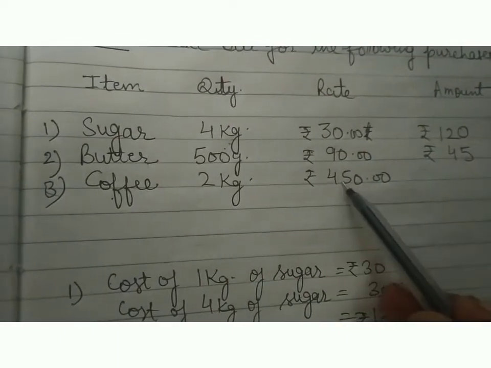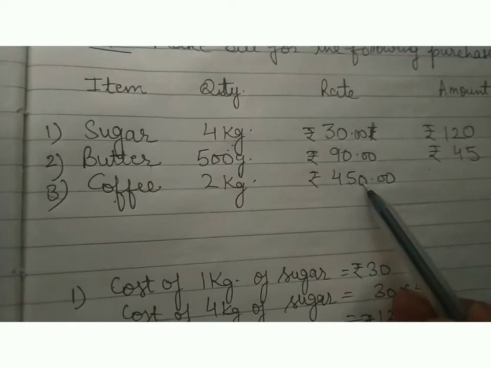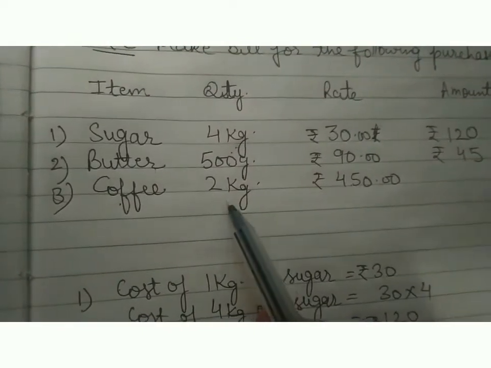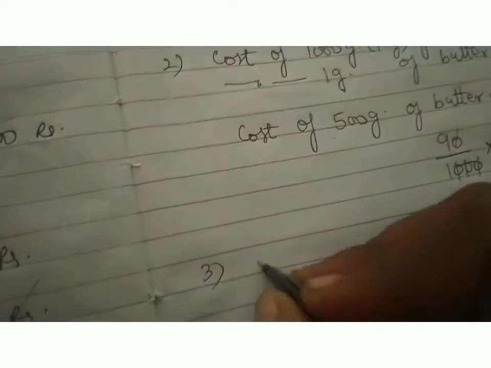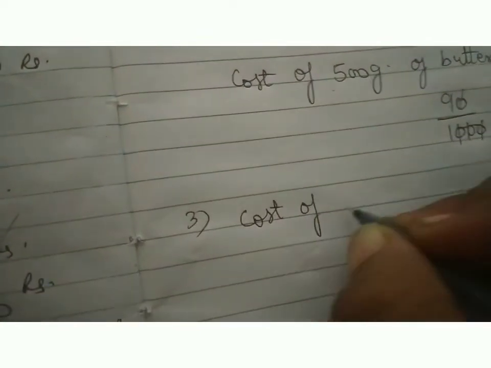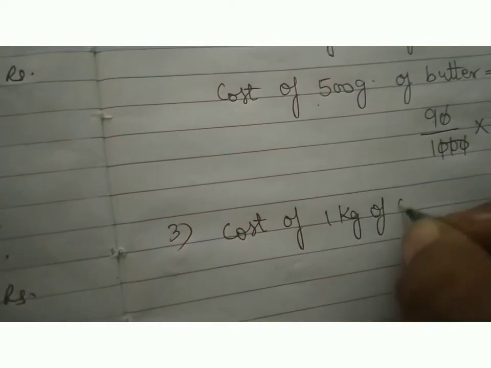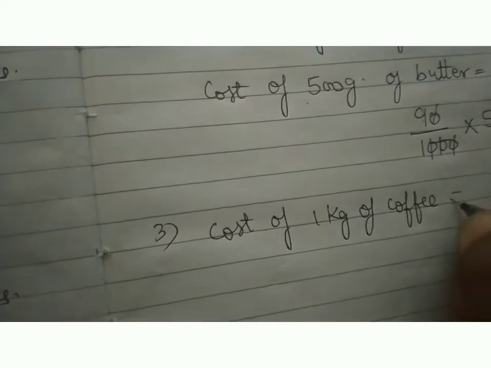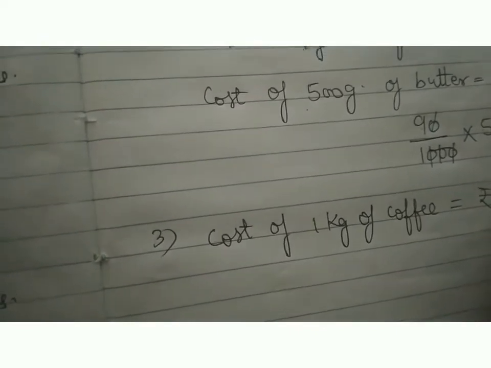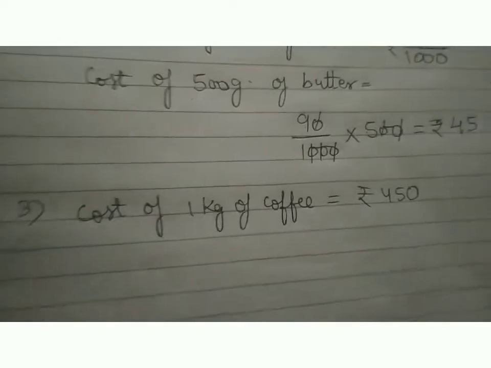The rate of coffee is 450 rupees per kg. I have to purchase 2 kilograms of coffee. So let's calculate. Cost of 1 kilogram of coffee is rupees 450.